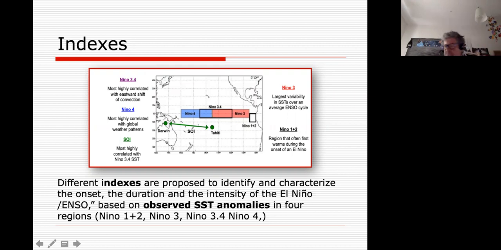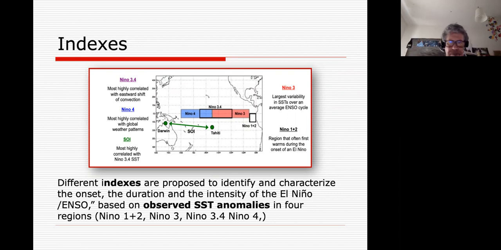So we have one phenomenon, we have different indexes. Another we mentioned is the cold tongue index, which just includes the equatorial Pacific SST anomaly that is strongly connected to ENSO.